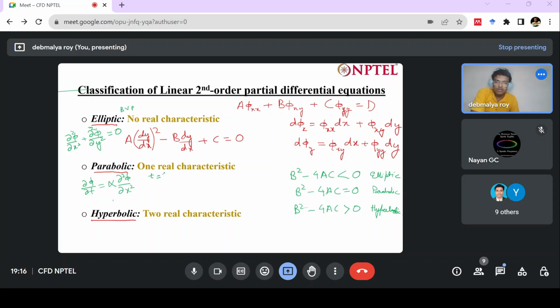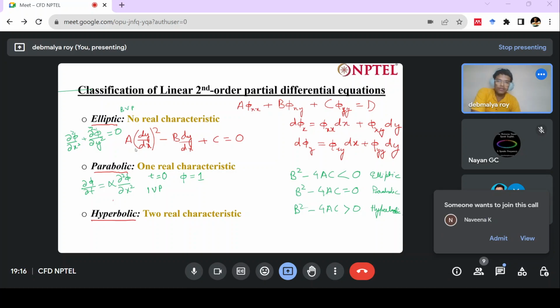Suppose at t equal to 0, I have some phi value. Using this, we solve the rest of the problem. So it is an initial value problem. At a particular instant, some value is specified, and that value influences the values for t greater than 0.